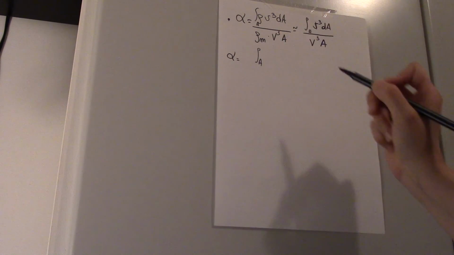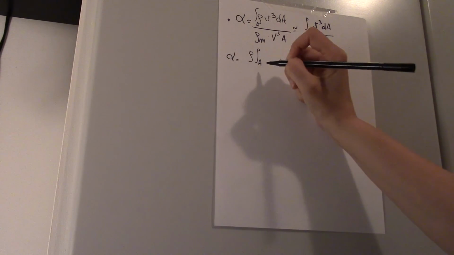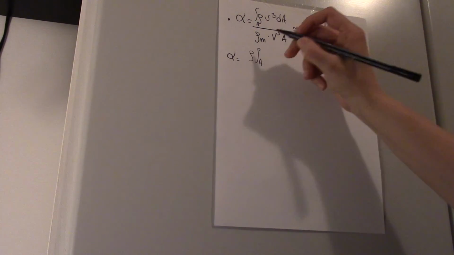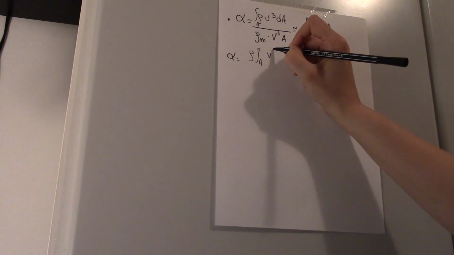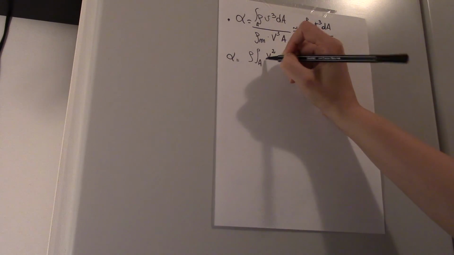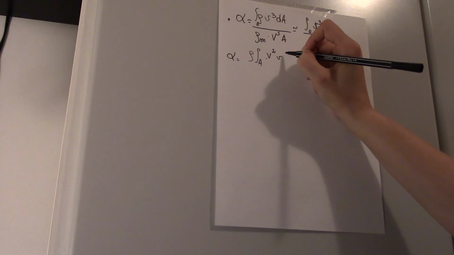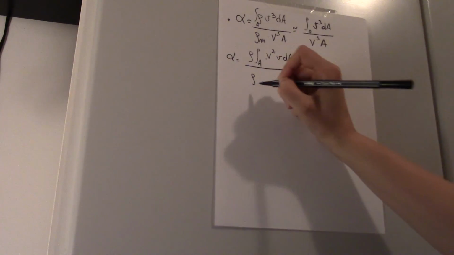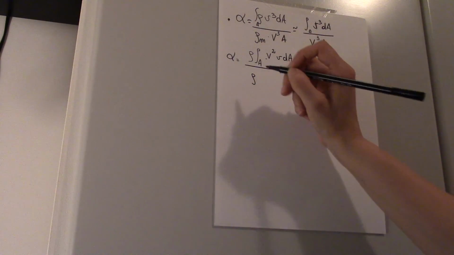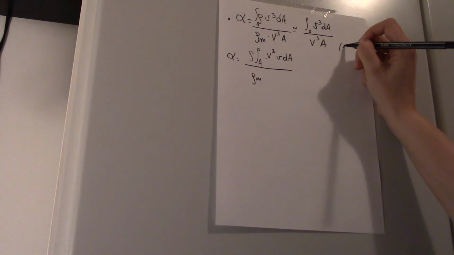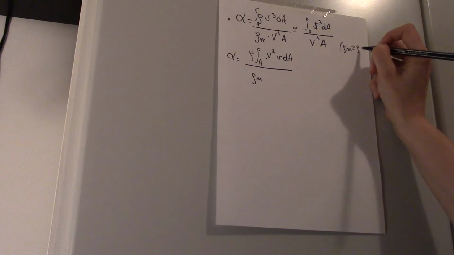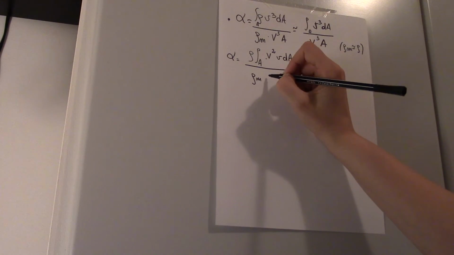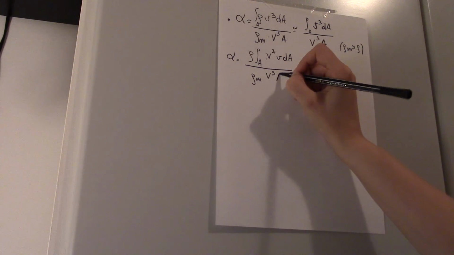The density rho I can bring outside, and the integral over the area of v to the power of 3 can be seen as the integral of v to the power of 2 times v dA, over rho m, which again we said is almost equal to rho m, that multiplies v to the power of 3 times A.